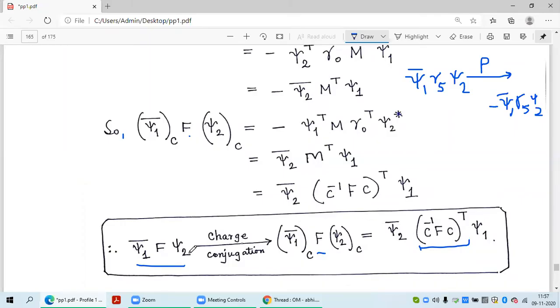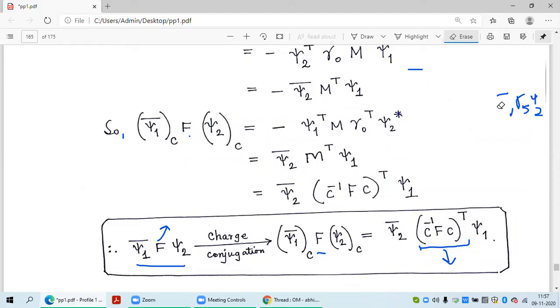The psi1 bar becomes psi1 on the right side, psi2 becomes psi2 bar on the right side. Also, this constant matrix takes a different form by this transformation. The charge conjugation transformation is not that simple because it is dealing with internal degrees of freedom of the system.